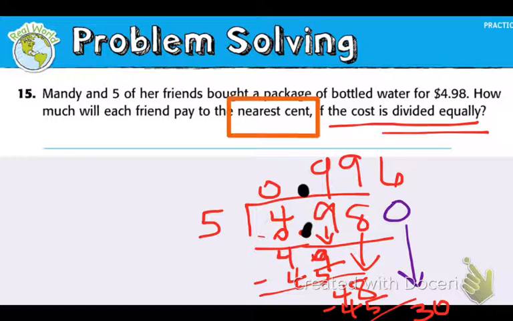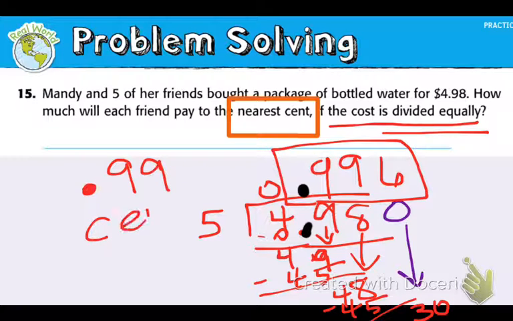Okay, how much are they going to have to pay to the nearest cent? Well, if I were rounding this, I would say $1, but it's not asking us for $1. Each friend will need to pay 99 cents. If each friend pays 99 cents, then that should be pretty close to the total. Now, if they pay $1 each, they're going to have some money left over.